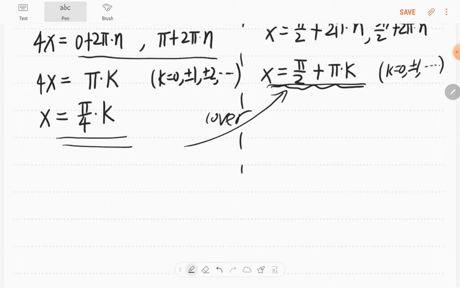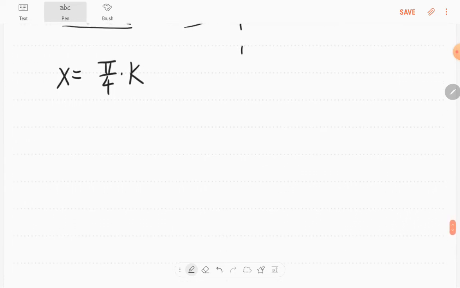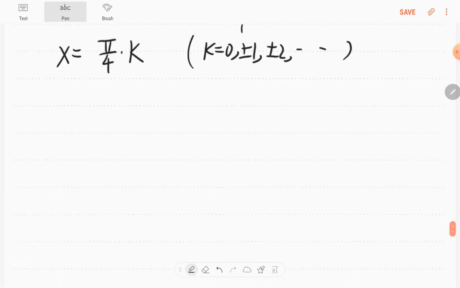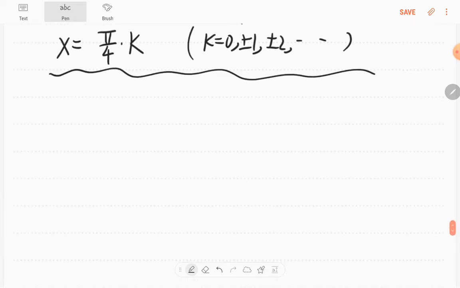No matter which angle you choose, you can always find some k for this angle. In other words, our solution is pi over 4 times k, where k equals 0, plus or minus 1, plus or minus 2, and so on. So this is your solution.